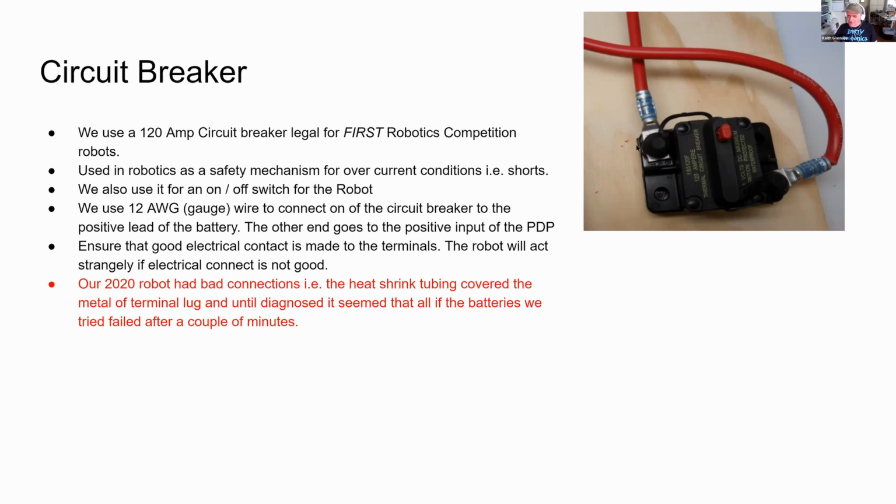And there's a lot of current that flows through here. Given the connection was weak, it made the robot do all sorts of strange things. And finally, we thought the batteries were bad, but in fact, the batteries weren't bad. So after we debugged it, the robot started to work much, much better. So again, it's very important that the wires have good electrical connections.